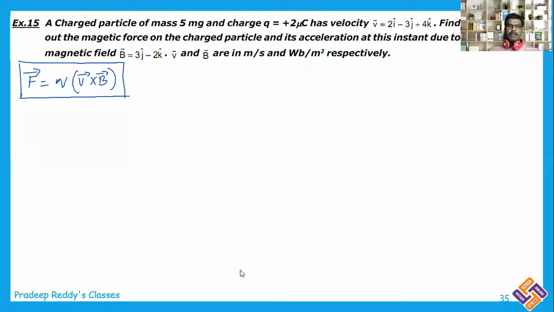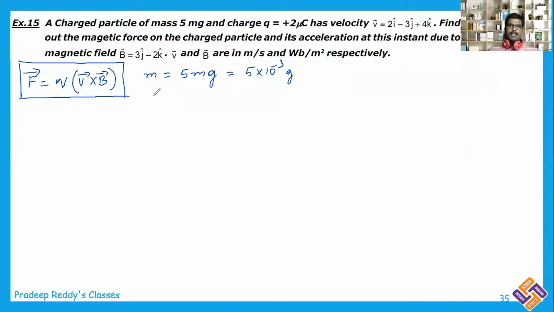Now we have one application based on this. A charged particle of mass 5 milligram and charge plus 2 microcoulomb is mentioned. The mass is given as 5 milligram, which is 5 into 10 power minus 3 gram.